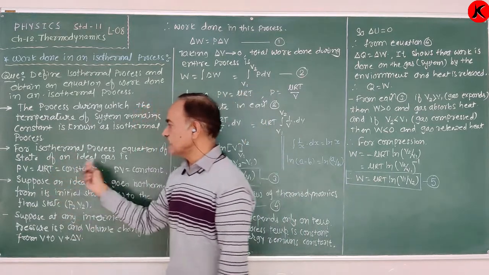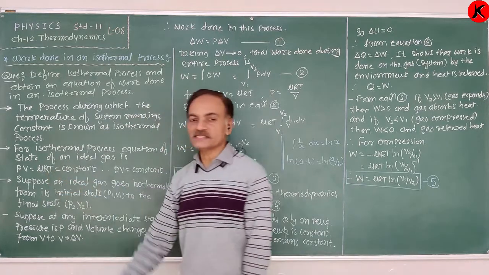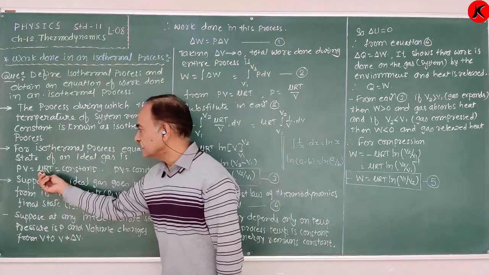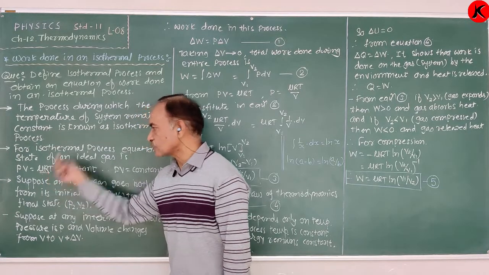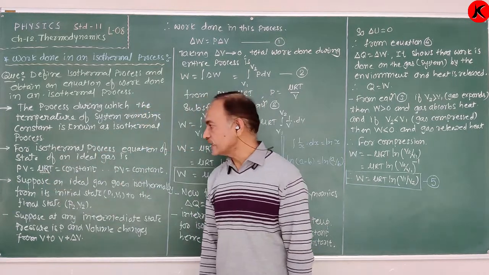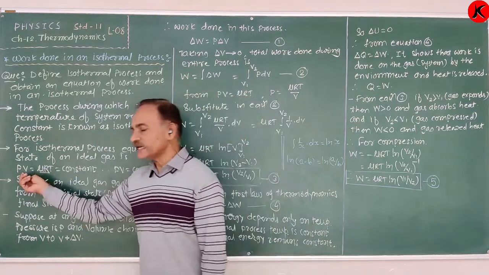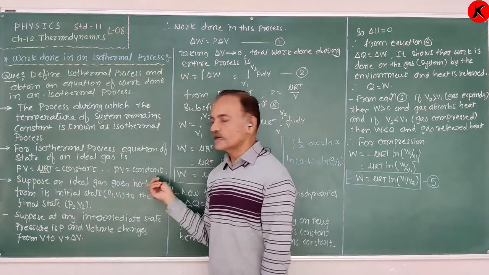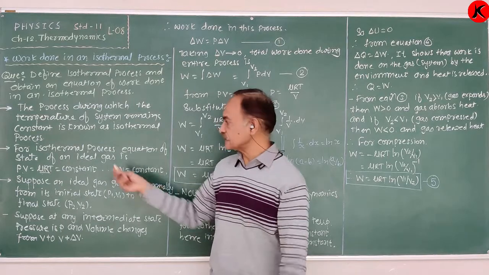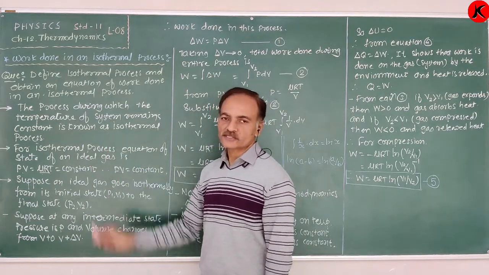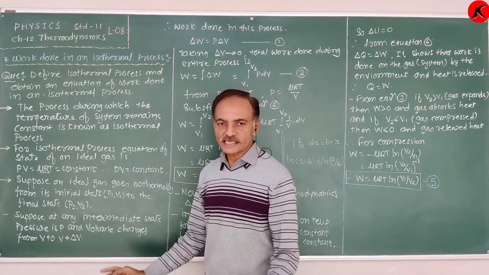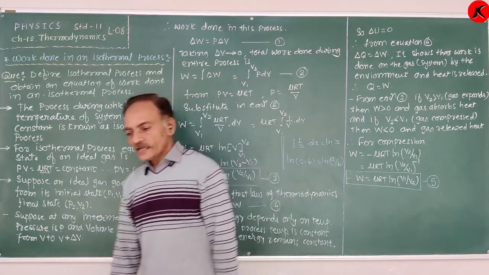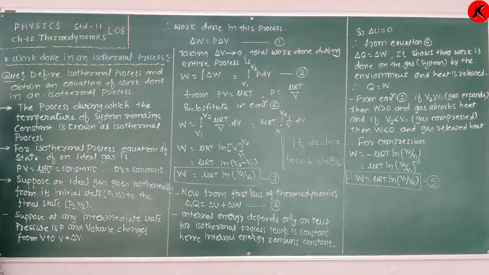But here, for an isothermal process, temperature is constant. Therefore, the right hand side of this equation is constant. Mu RT is constant. Therefore, we can write PV is equal to constant, for the isothermal process. Clear this thing? Okay.